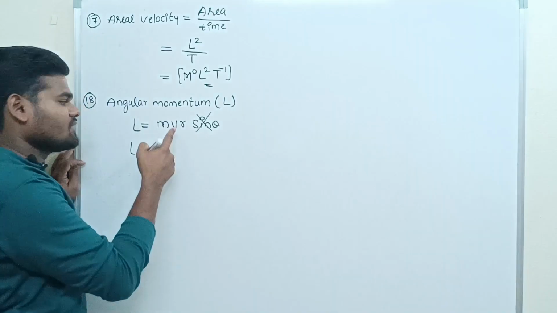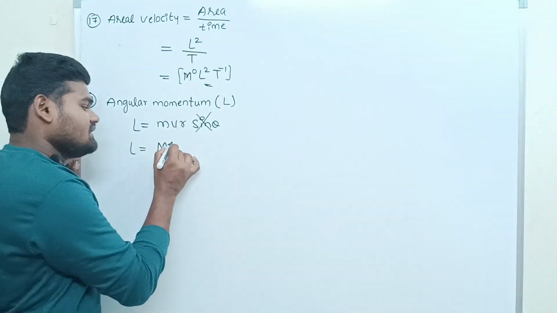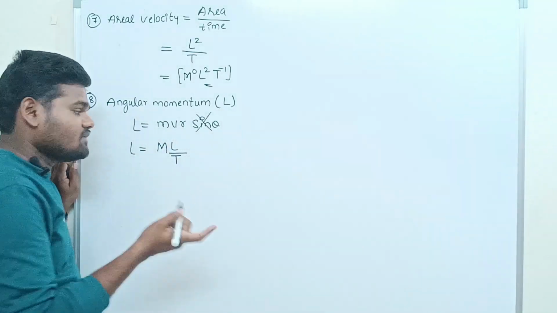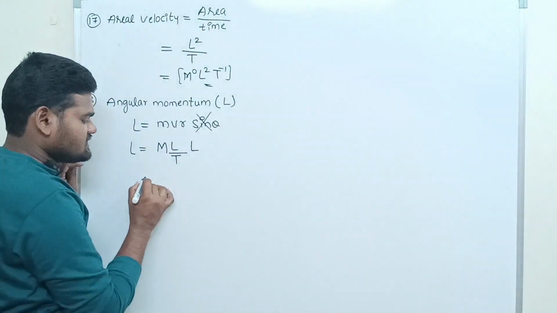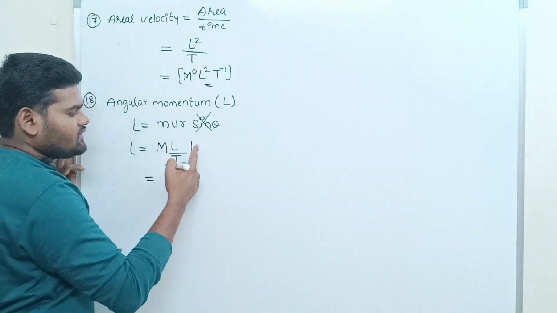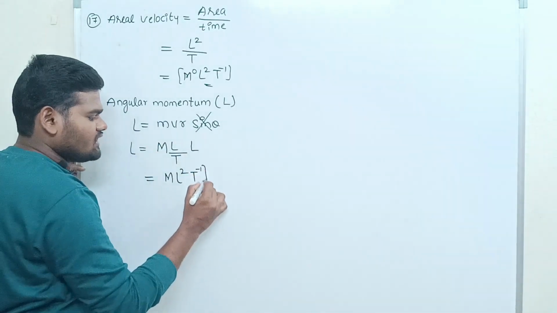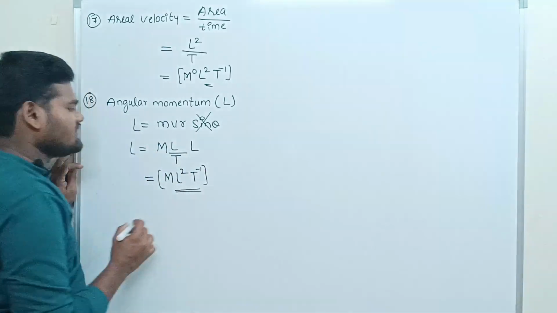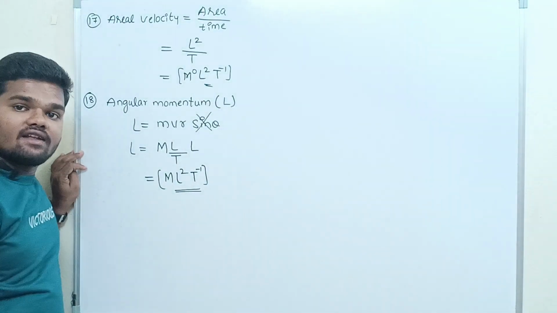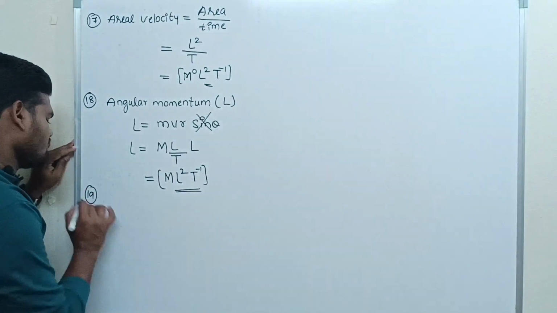Mass, capital M. V means velocity, distance by time. R means what? Radius. That means it is also displacement, that means length. So M, L into L, L square. If T comes to denominator, it becomes T power minus 1. So this is the dimensional formula for angular momentum. Are you getting? Any doubt? Right. So the next one.